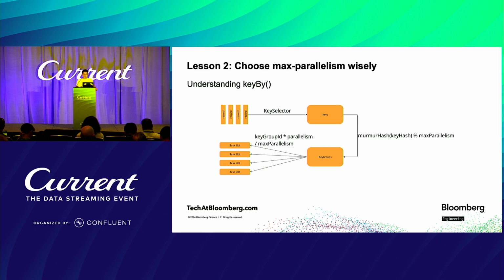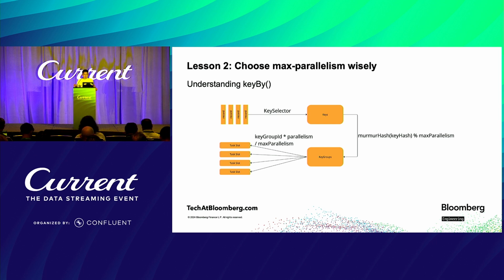And the process of how key groups are assigned to task slots is done by applying this function on the bottom here, where we take the key group ID, multiply it by the configured parallelism of the operator, then divide by the configured max parallelism of the operator.